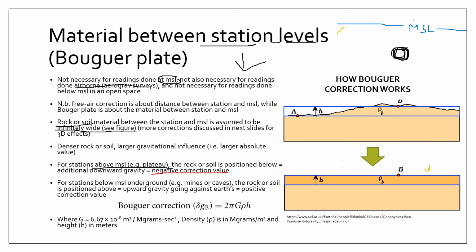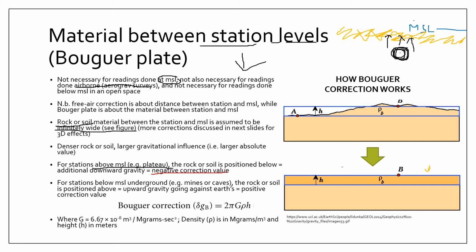What's happening here is that you have extra material between you and the mean sea level, but it is located above you. Remember that gravitational acceleration acts in all directions. This material is pulling things downward, it's also acting from the sides, and it's also pulling you upward. The immediate effect of this material, of course, is that it is pulling you upward.